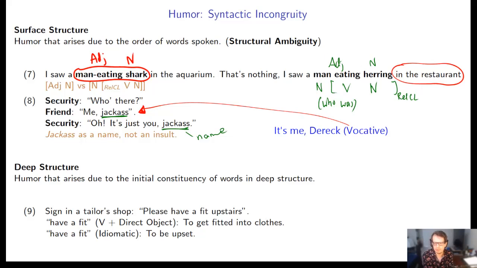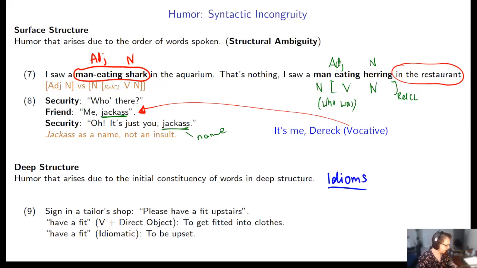Okay, so deep structure humor is a little bit different. To put it very simply, because this isn't 322, when we set up a sentence structure, there's an initial constituency in the tree that happens before movement occurs that puts the sentence in the proper word order. Where this is important is for idioms.